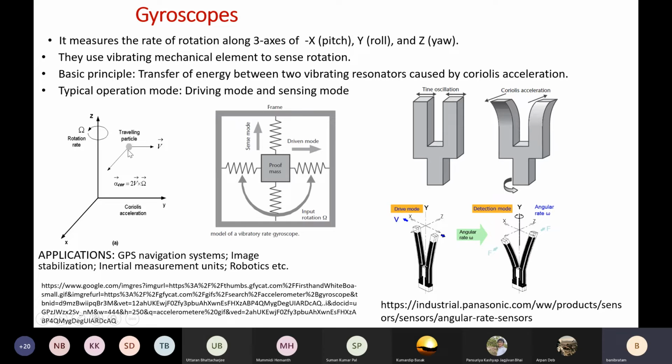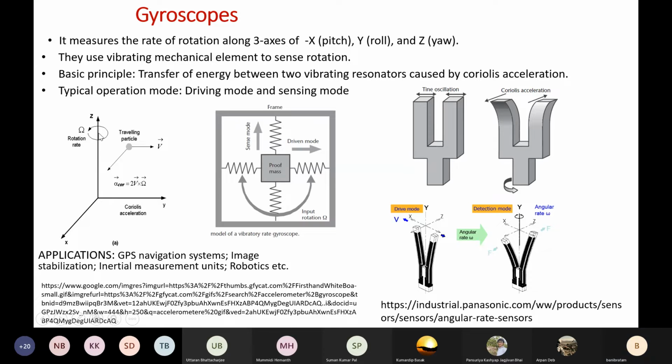Now, standing on that platform, if you throw one stone along the y-axis, for example, with velocity v. The platform is rotating along the z-axis with omega rpm, and standing on it, you are throwing one stone along the y-axis, and the stone velocity is v.